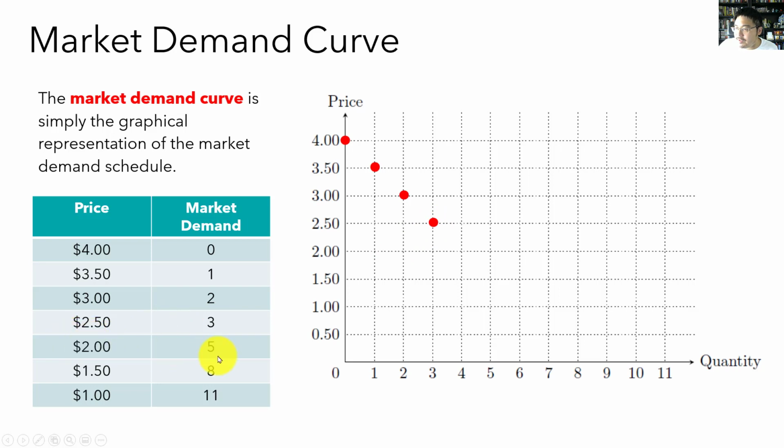At a price of $2, the market demand is 5, so that is right here. At a price of $1.50, the demand is 8, and that's right here. And at a price of $1, the demand is 11, and so that is right here. And so if we connect the dots again, we get the market demand curve. All right, so this is the market demand curve based on the individual demands that we saw in the previous slide.